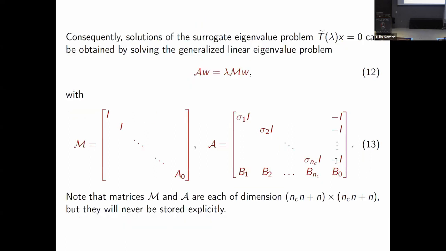So can we exploit the structure? Well, we can. We can formulate this as a generalized eigenvalue problem. Of course, the dimension of the linearization is going to be large, but we are not going to form this linearization. We are going to use the nice structure that comes from this linearization to reduce the computations.